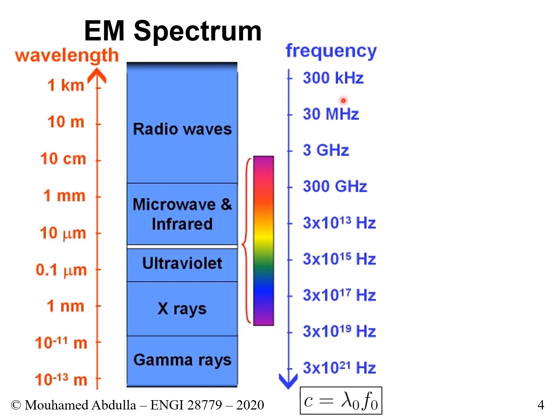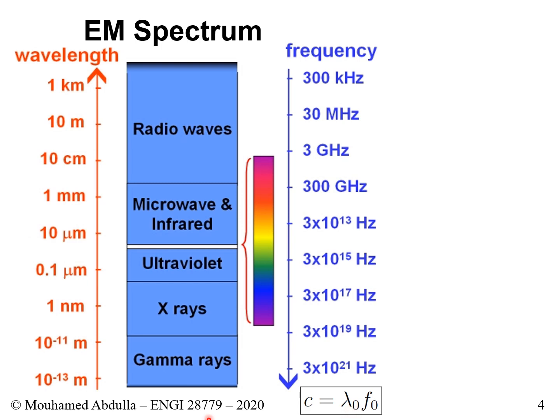They are interchangeable, and the relationship between them is based on this equation here: c equals lambda naught times f naught. Lambda naught is your wavelength, and f naught is your frequency. Usually I like to put a naught when we're talking about the operating frequency, the carrier frequency, so this would be the operating wavelength of a technology.